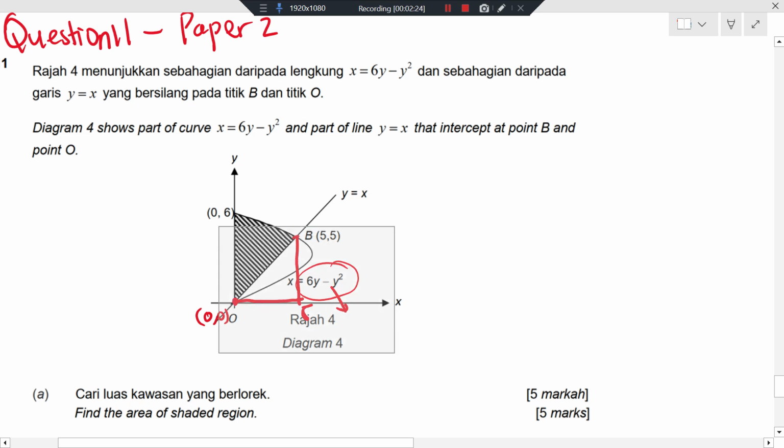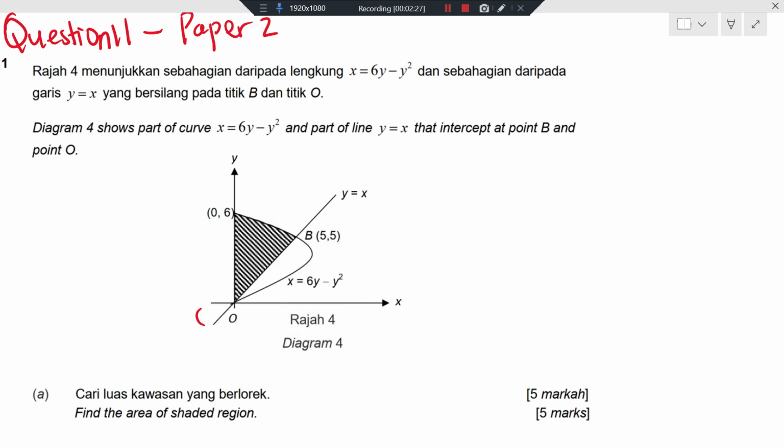Use the y-axis. If you're using the y-axis, this is 0, this is 6. You need to cut out this part. Let me see first.